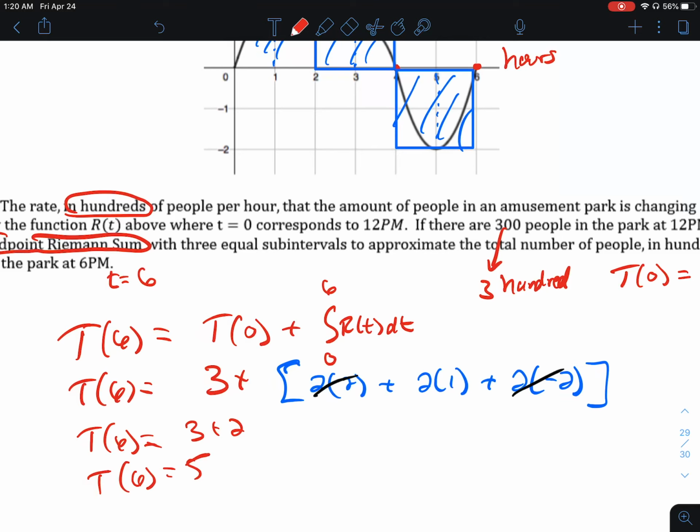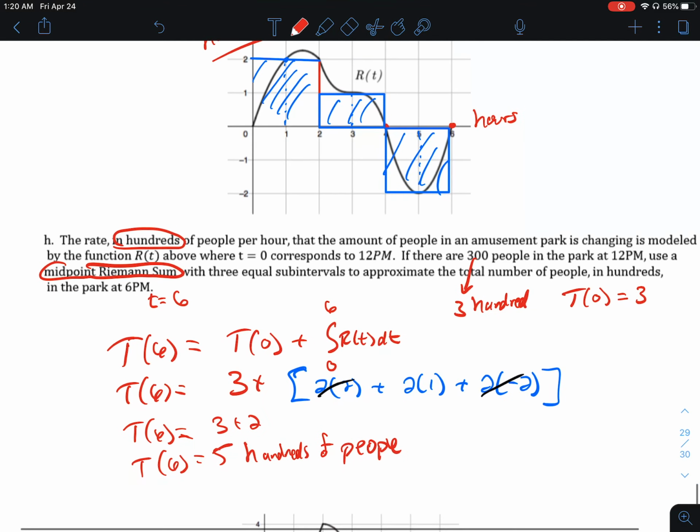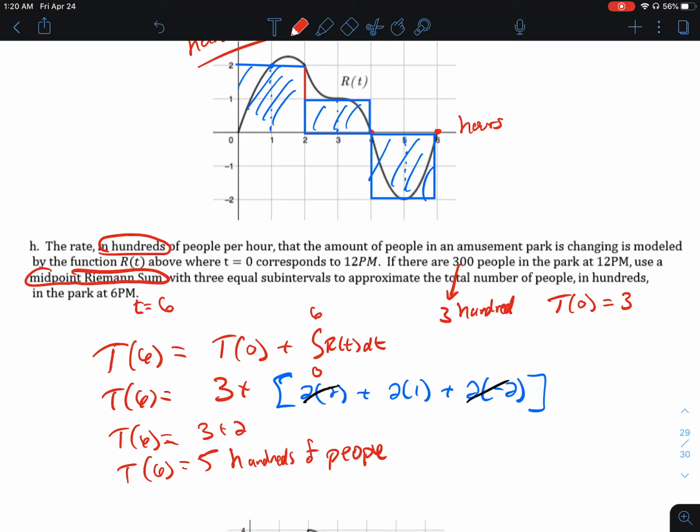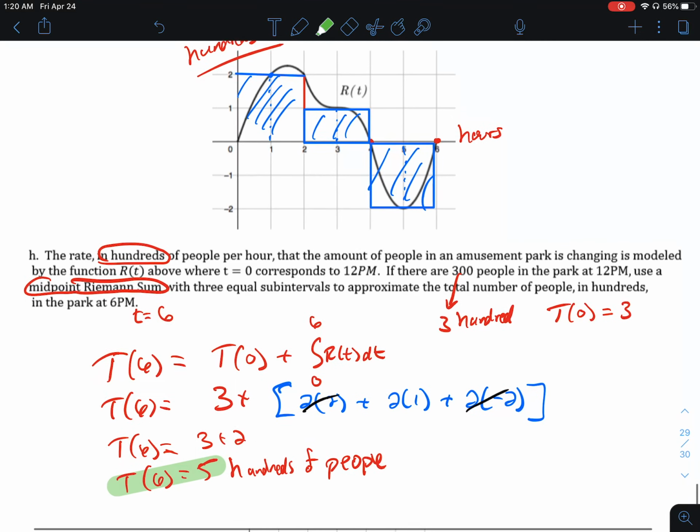It's probably better for my brain just to simply say r of 6 equals 5. This is hundreds of people. Once again, though, it does not say use proper units. So you'd probably be cool with just saying this. But the math nerd in me wants to label it.